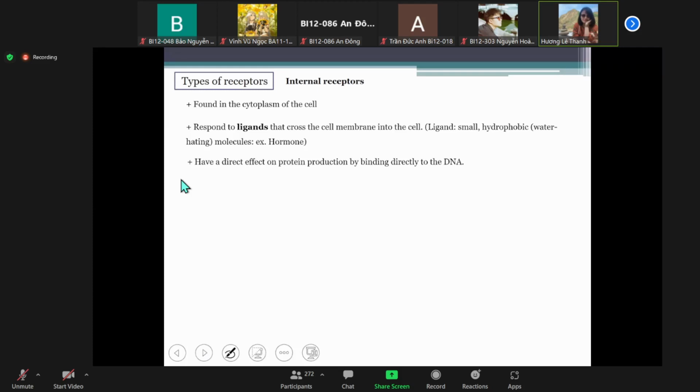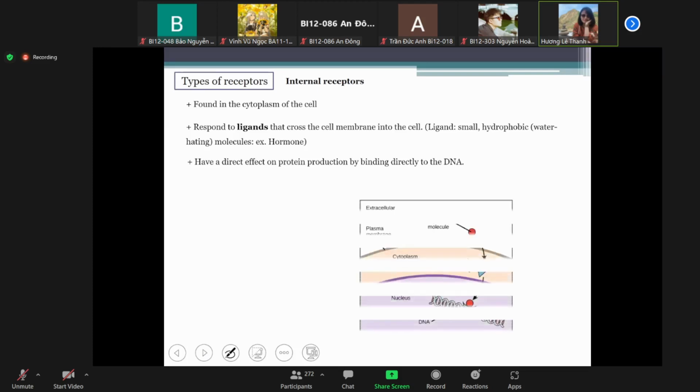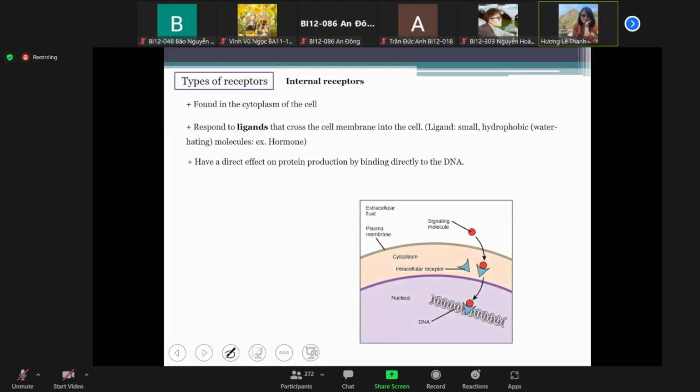They have direct effects on protein production by binding to the DNA. Here is the internal receptor. They are already inside. Whenever the ligand comes and binds, they go directly to the DNA to generate the response, right?